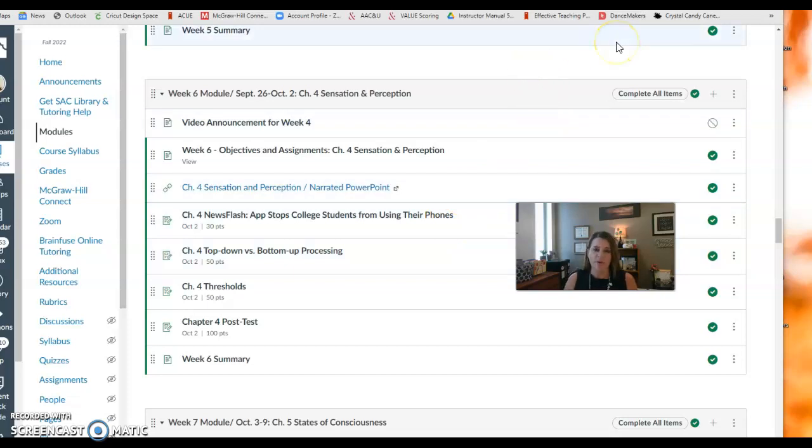This week we are going to move on to chapter 4, and chapter 4 is on sensation and perception. In this chapter you will learn how our sensory systems bring in raw sensory data through our receptor cells. So those are rods and cones in the eyes, taste buds for taste.